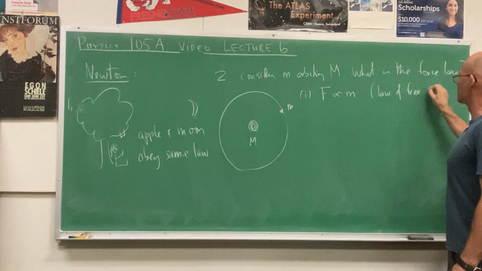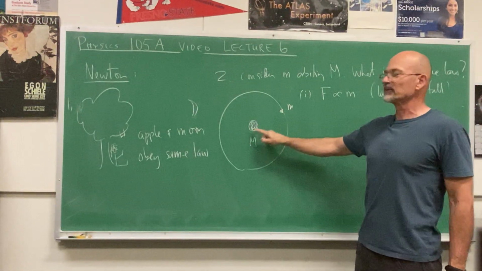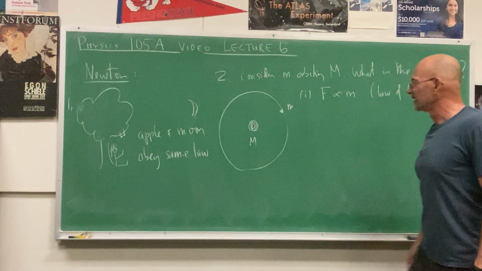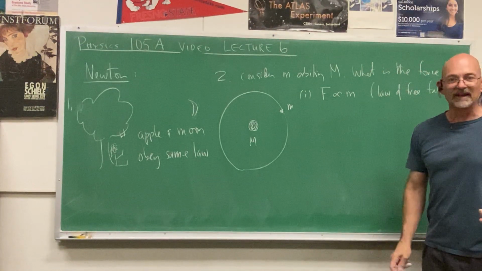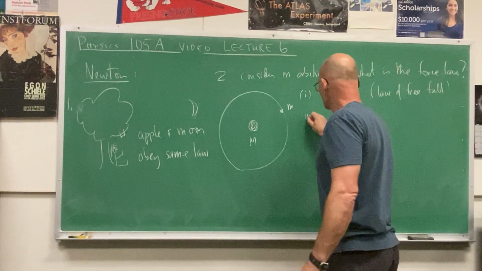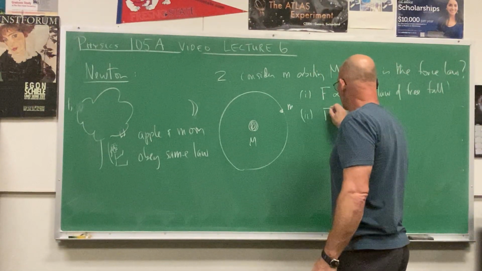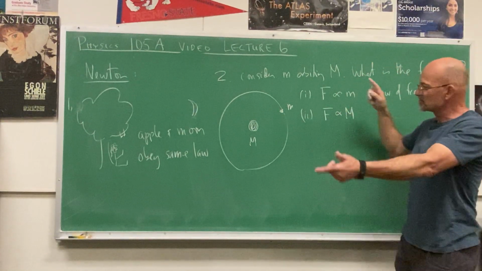So the apple obeys the law of free fall. You know, if this is now the moon around the earth or the earth around the sun, law of free fall is F is equal to mg. Okay, so F has to be proportional to m by the law of free fall. Immediately after that, F has to be proportional to capital M because the relationship is reciprocal.